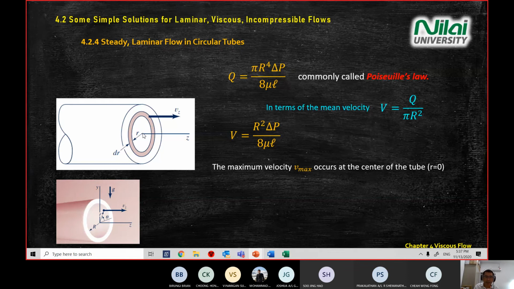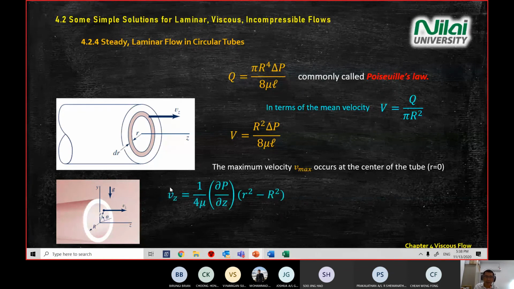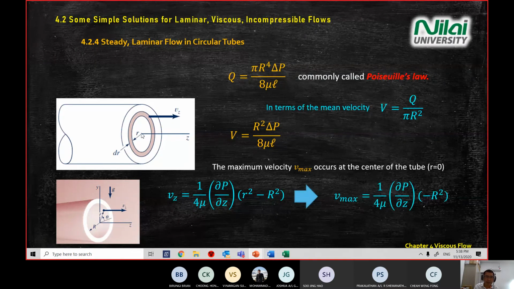We know that velocity is always maximum at the center. So if you want to pull out your parabolic velocity profile equation, you can further reduce it because at the center, R equals 0, and your left-hand side becomes Vmax.